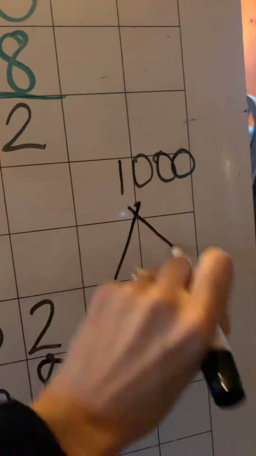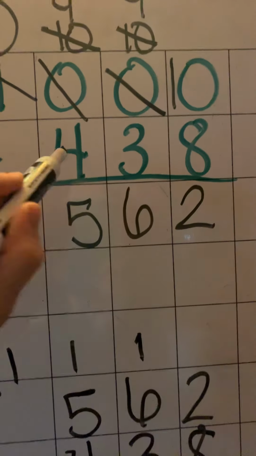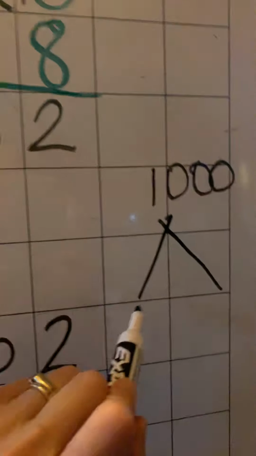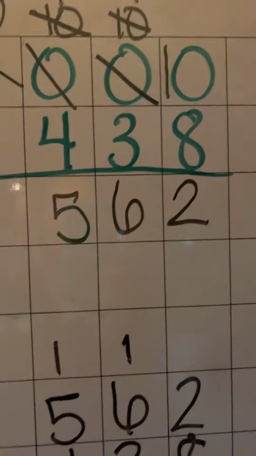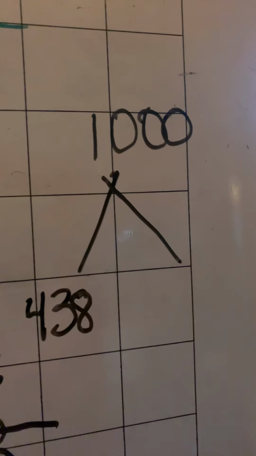So now we'll make a math mountain. What's at the top? 1,000, because it's the total. Does it matter if we put 438 on this side or this side? No, it doesn't. As long as we write it on one of the partner sides.